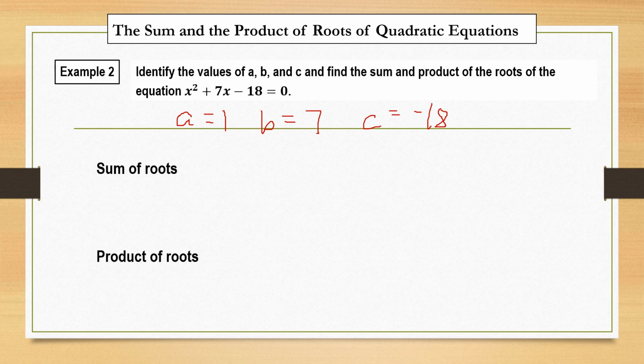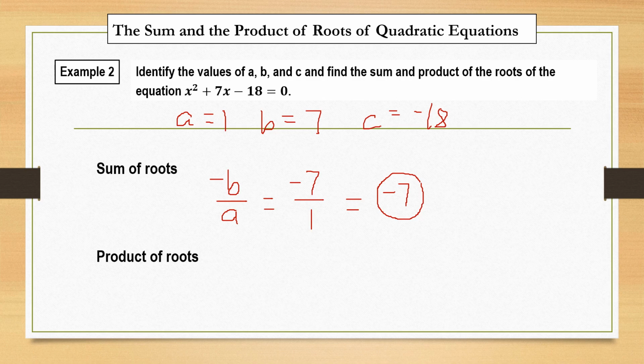The sum of the roots is given by negative b over a. So let us substitute. We have negative the value of b, which is 7, over the value of a, which is 1. So negative 7 over 1 is equal to negative 7. Therefore, the sum of the roots of the given quadratic equation is negative 7.